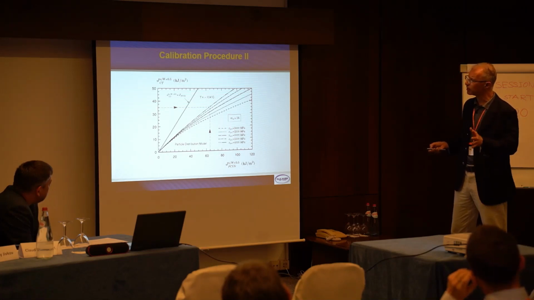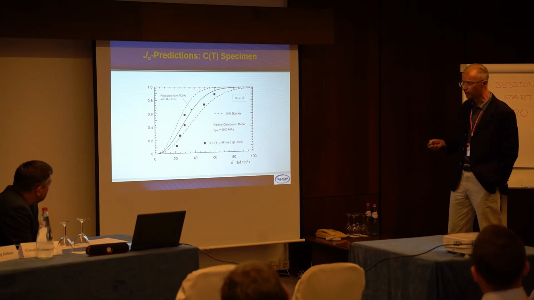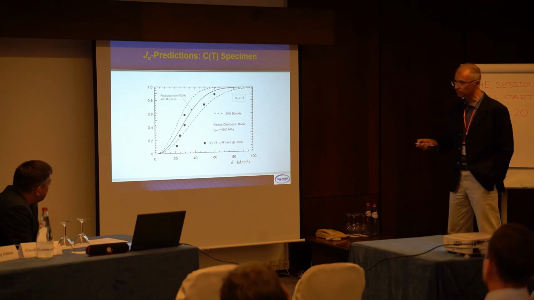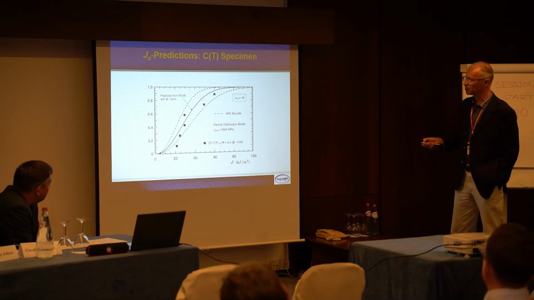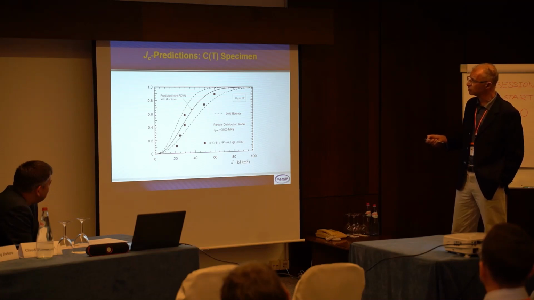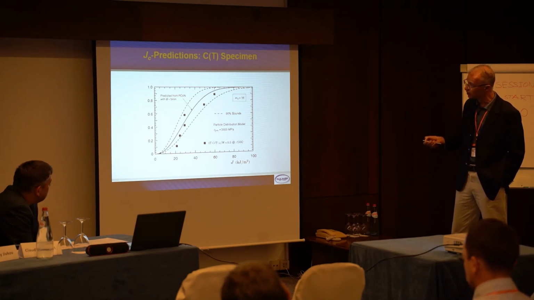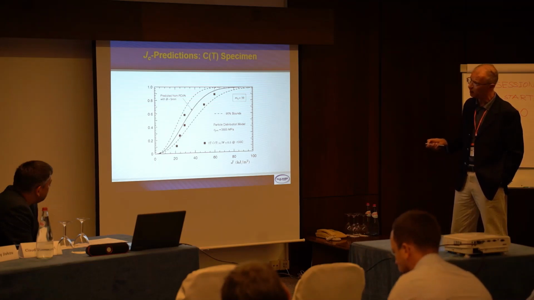Once the parameters are calibrated, you just conduct a finite element analysis and run the toughness scaling methodology again. So this is the prediction. I'm almost done. This is the prediction with the 90% confidence bounds for the CT specimens predicted from the pre-cracked Charpy with 5 millimeter. You see a very good prediction. Of course, the scatter, only a few points.